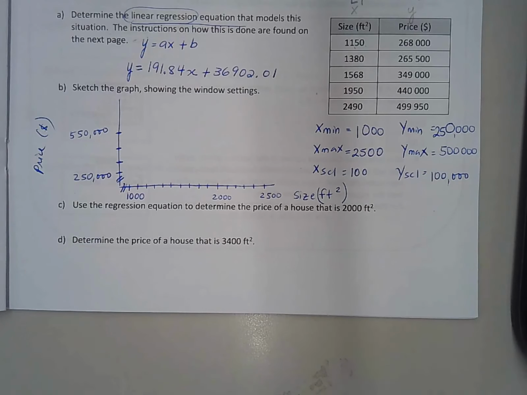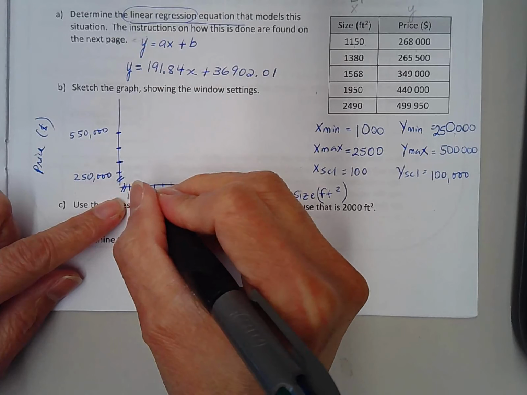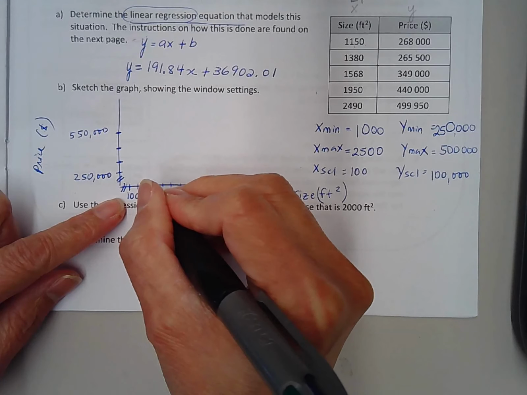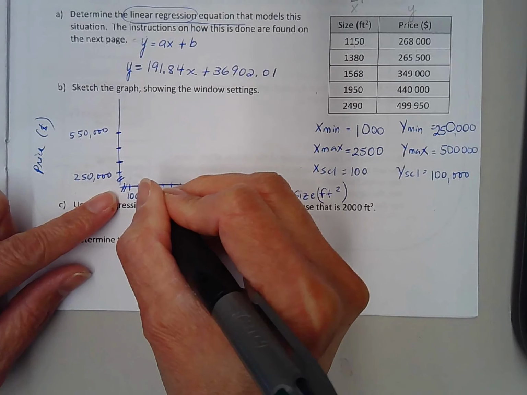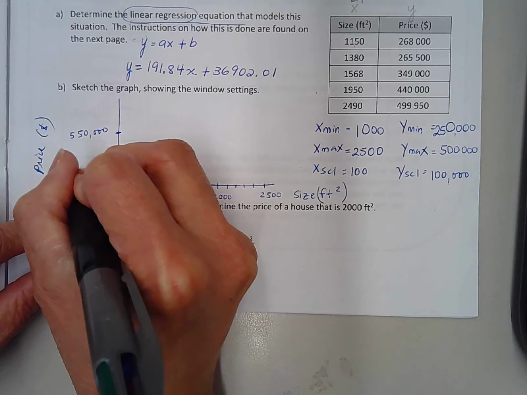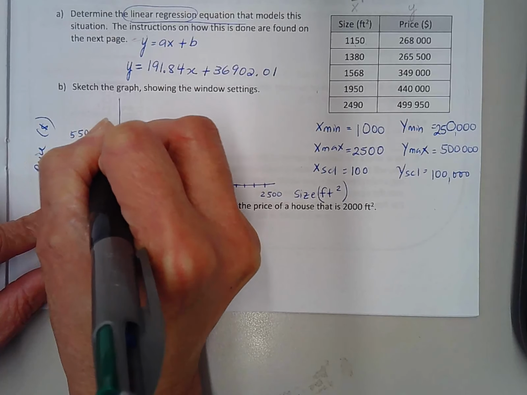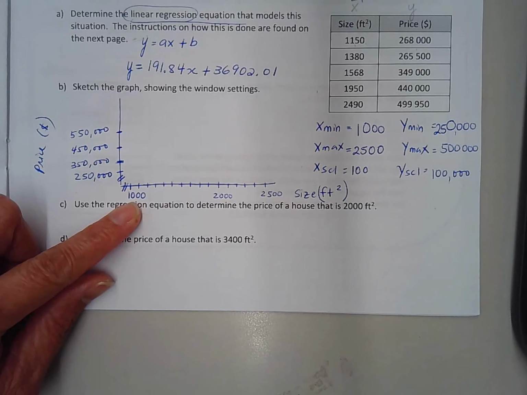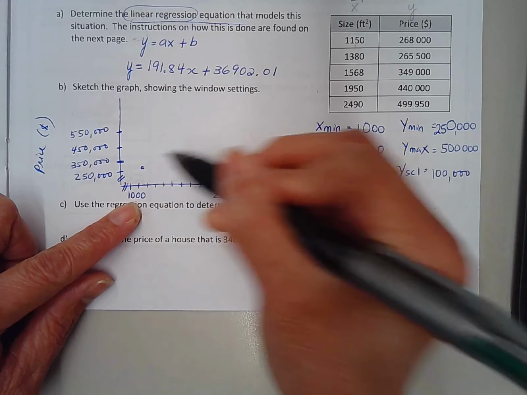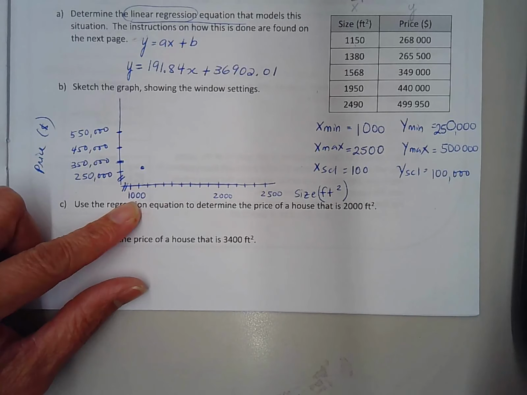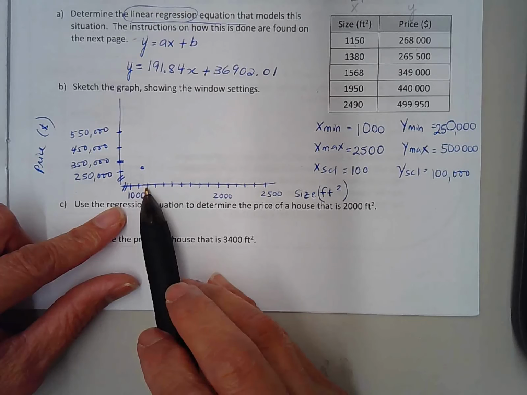So where would the 1150 be? And 268. So 1150, this is 10. And that's going to be 268. Let me write this down. So right over here. 1380, so that's 11, 12, 13.